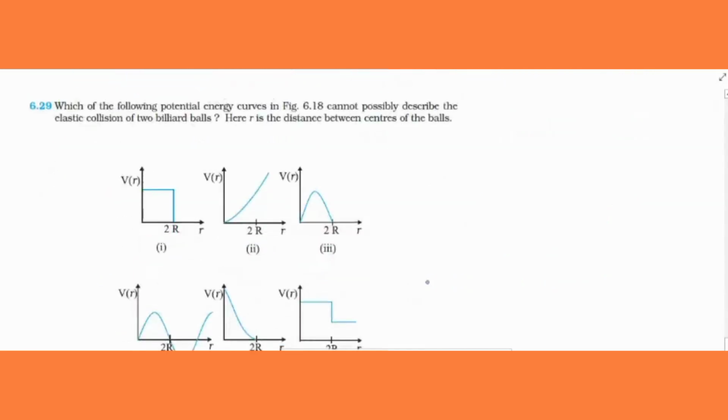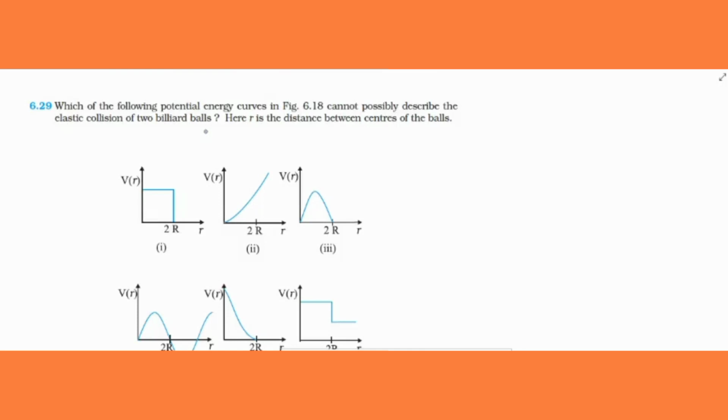Then next, question 29. Which of the following potential energy curves cannot possibly describe the elastic collision of two billiard balls? One of the previous problems we have seen. If it is elastic collision, then potential energy is a function of distance. We have seen potential energy is a function of distance.